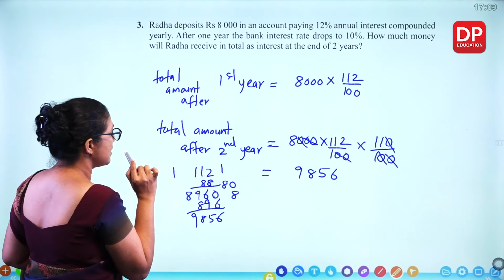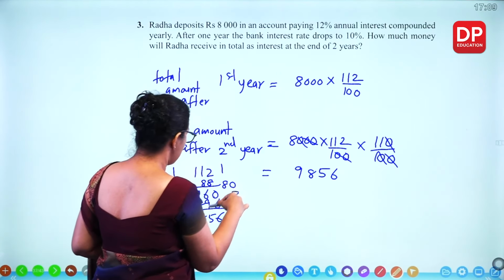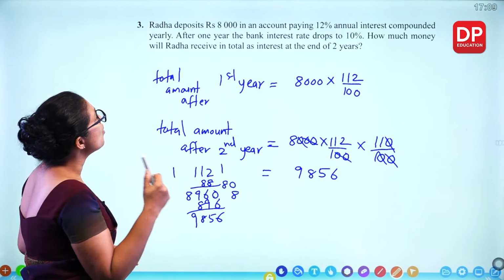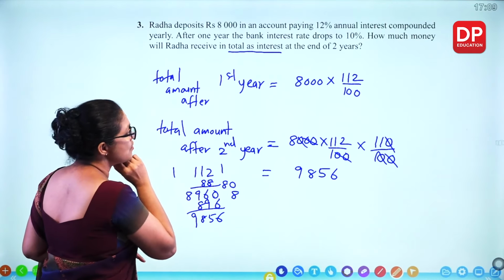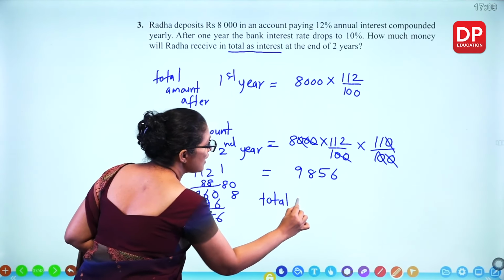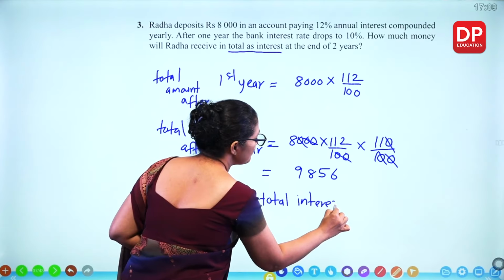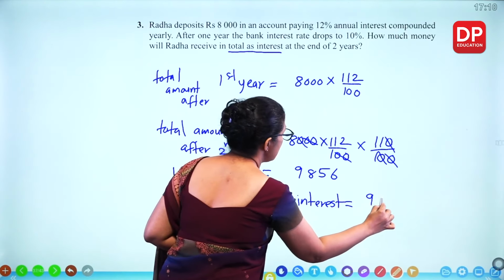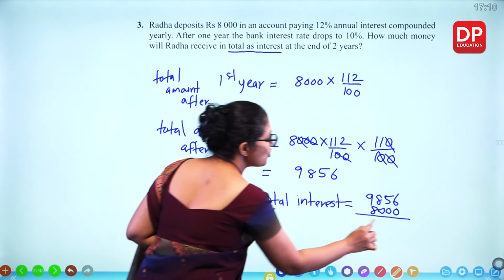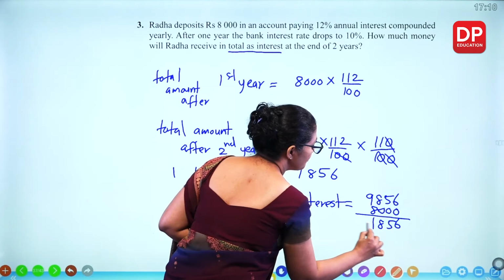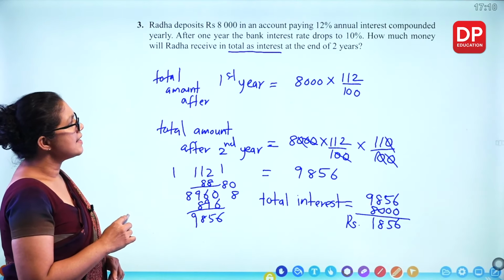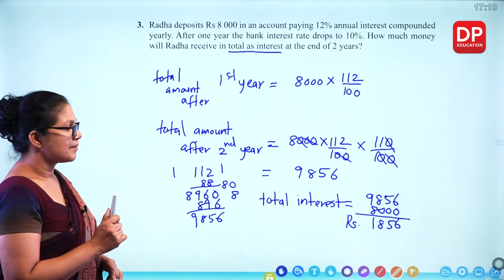That's this value, and this is the total amount after 2 years. So what's the total interest? Only the interest they want. So the total interest is, this is the total amount, subtract the initial amount. So you get 1,856 as the total interest.